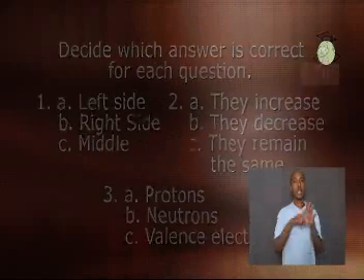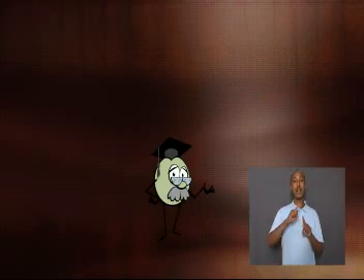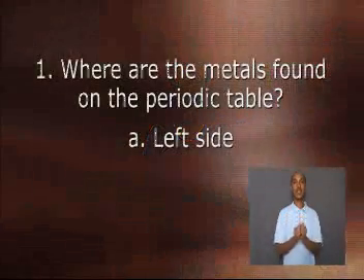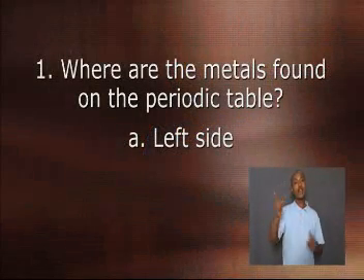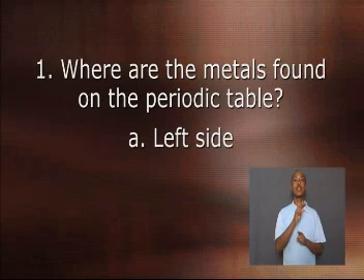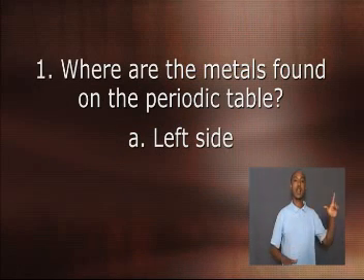Time's up! Let's get back to our lesson. Hello, everyone. Let us answer these questions together. For the first question, metals are found on the left side of the periodic table.